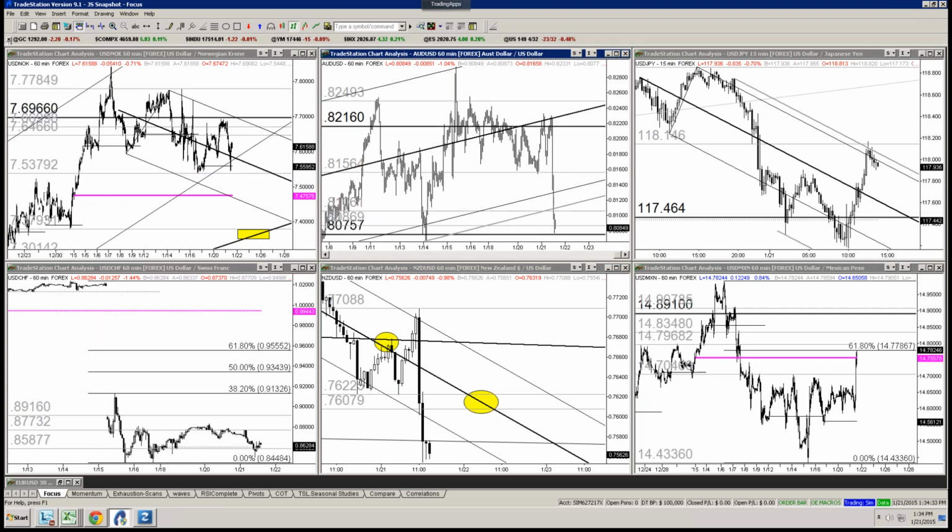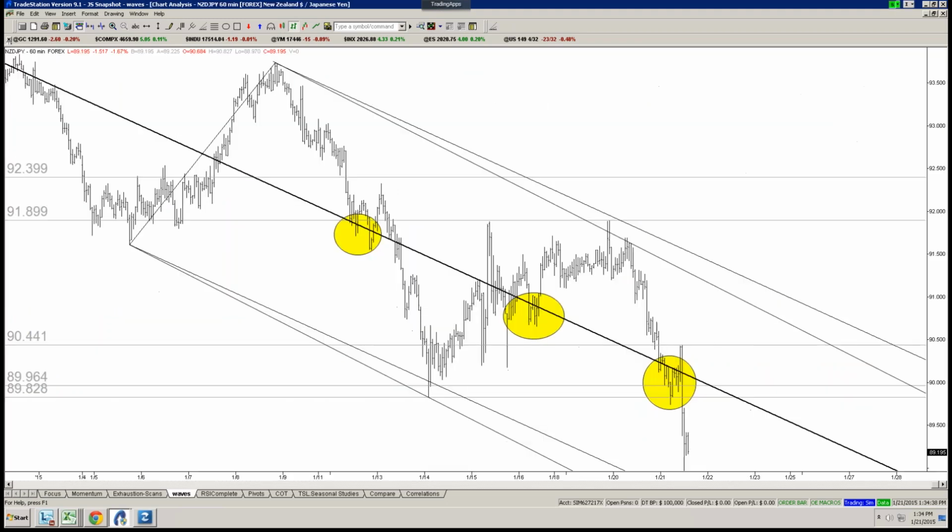I'll explain why I put the Aussie stop as tight as I did last night. But first, I want to continue with the Kiwi yen.